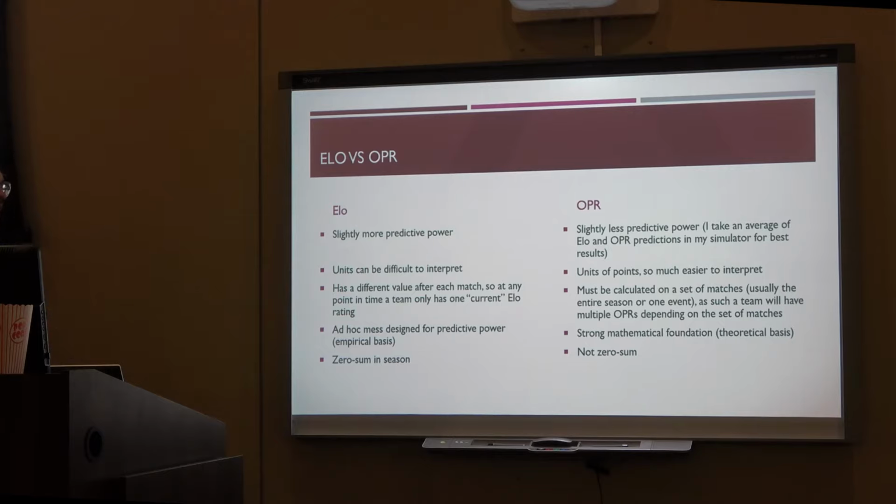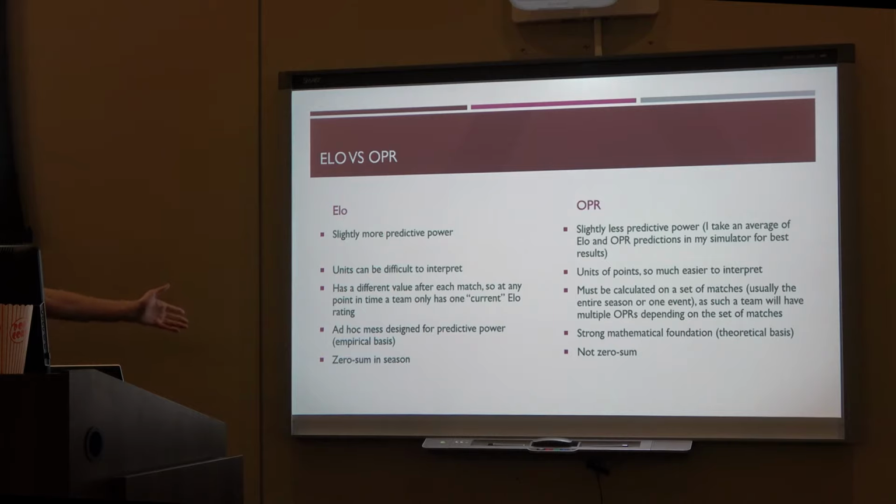So a team can have multiple different OPRs depending on which set of matches you look at. Usually they have their first event OPR, their second event OPR, their world OPR. So you have to keep that in mind and look at which OPR you're talking about.